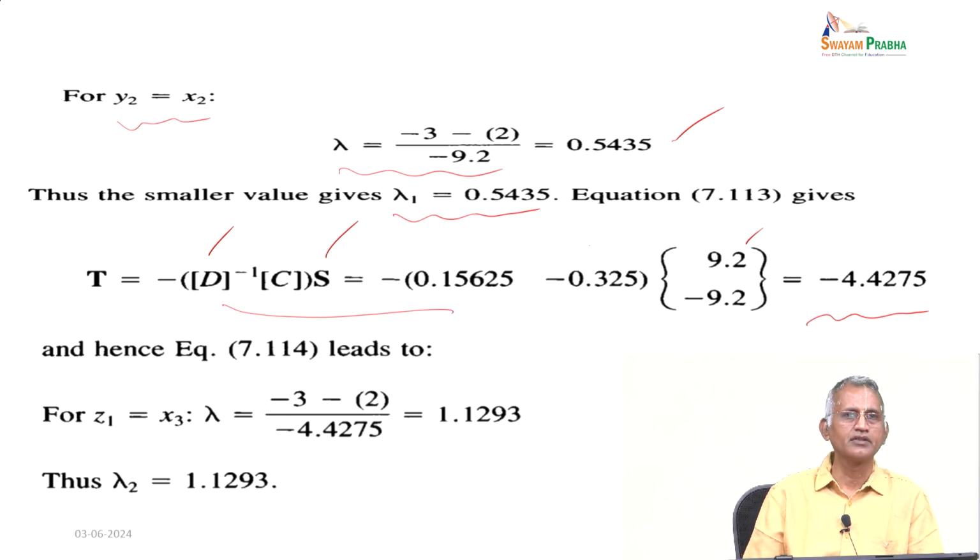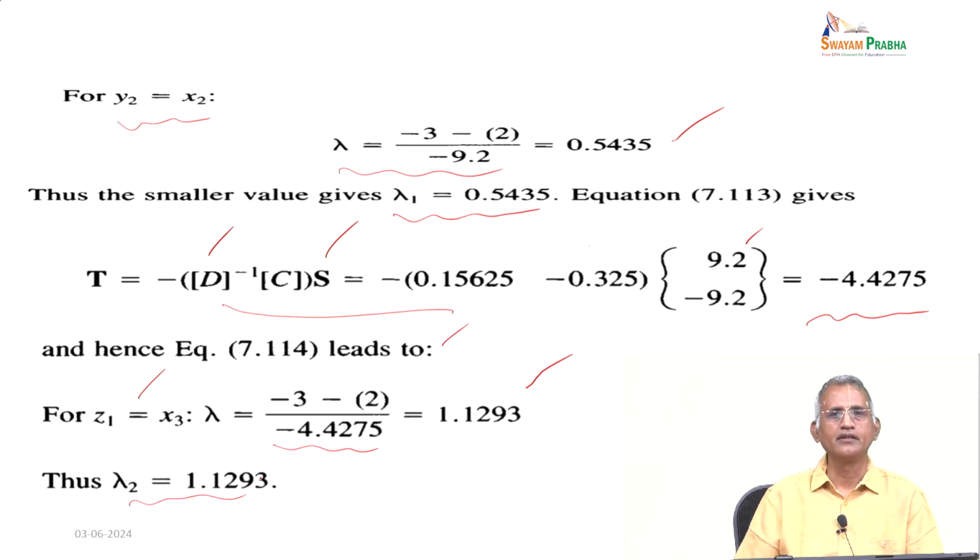Therefore, equation 7.114 leads to z1 equal to x3, and lambda equal to minus 3 minus 2 divided by minus 4.4275 equal to 1.1293. Therefore, lambda 2 equal to 1.1293.